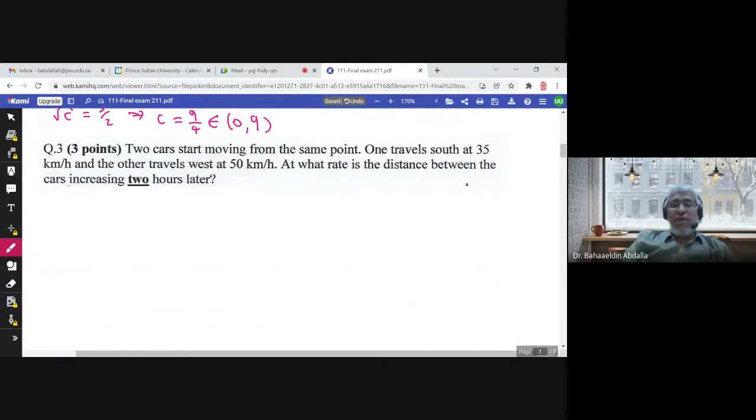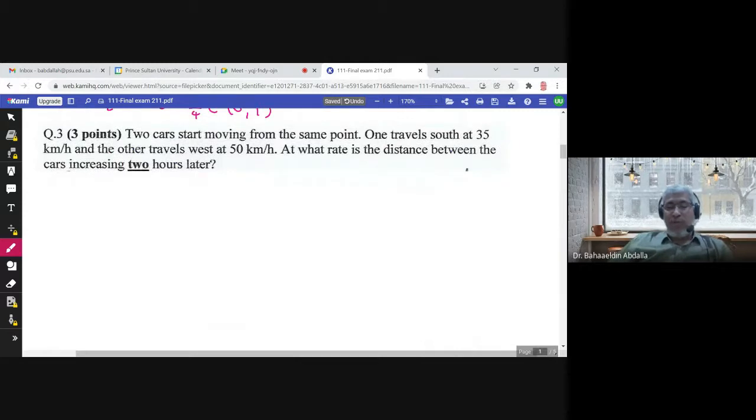Two cars start moving from the same point. One travels south. Let me say this is the first car and it travels south. Let us call the distance that this car travels x, for example, at 35 kilometers per hour.